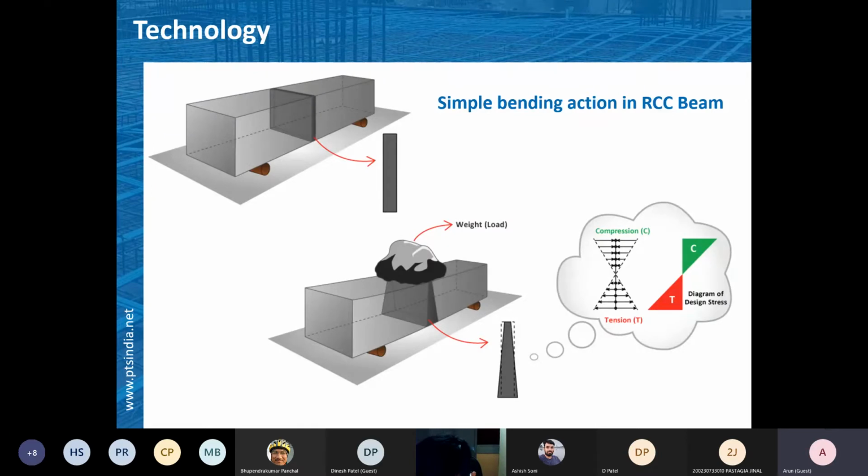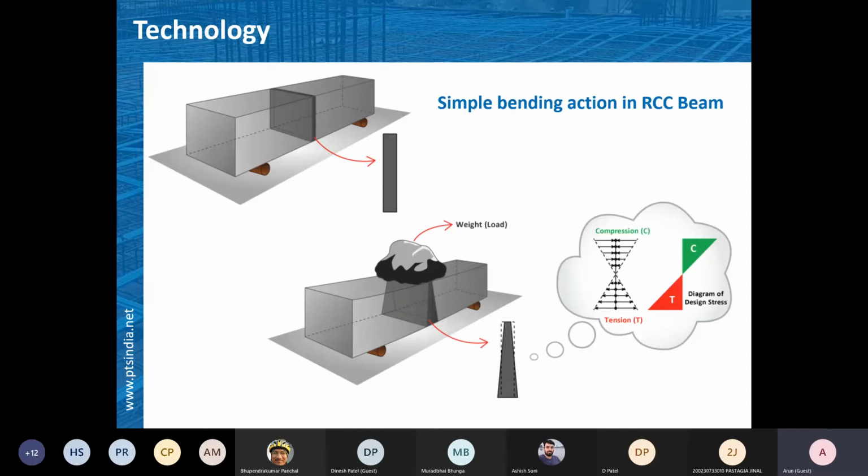So the internal stresses or internal actions generated because of this kind of system are such that there will be compression at the top and tension at the bottom when we are dealing with the mid-span portion of this element. We call it a beam.